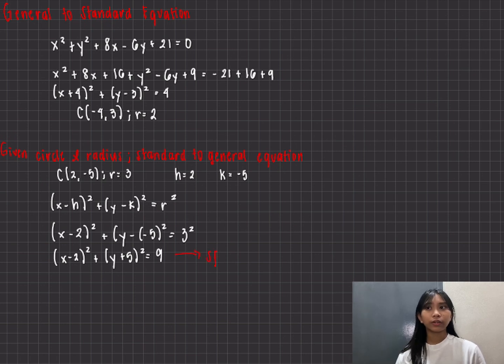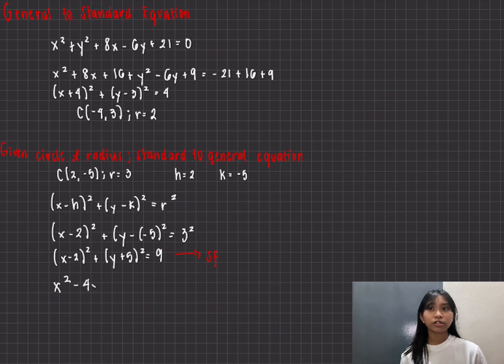Then in order to get the general equation from this standard equation, we need to expand this. So we multiply x times x, then 2 times x, which gives us negative 4x, plus 2 times 2, that will be 4.